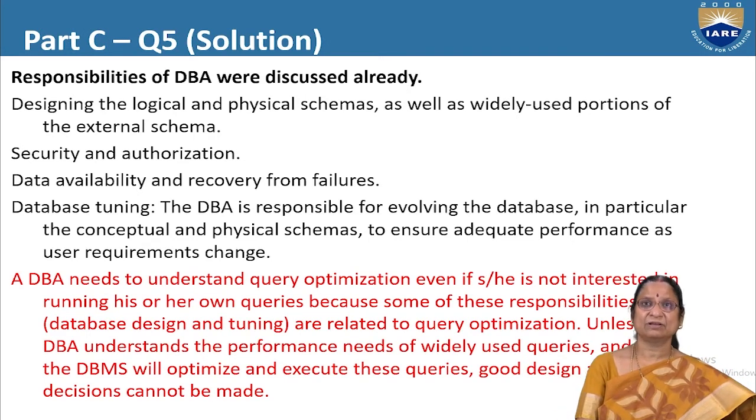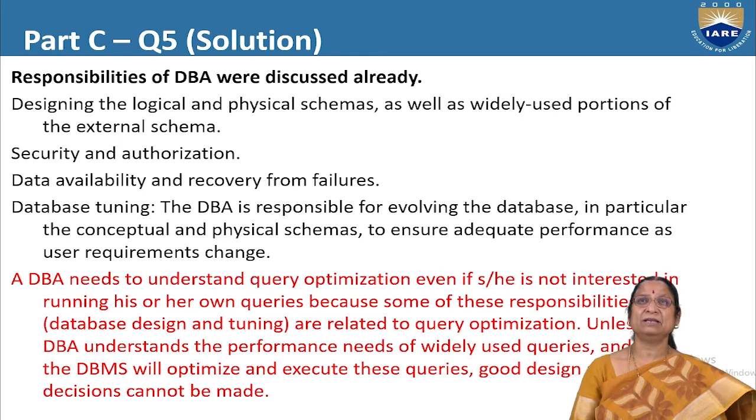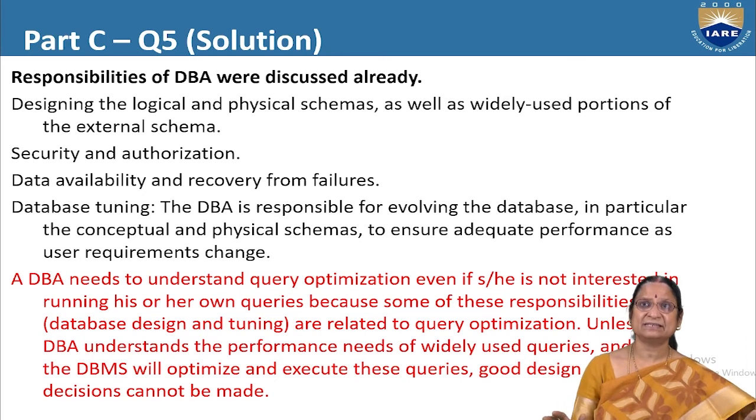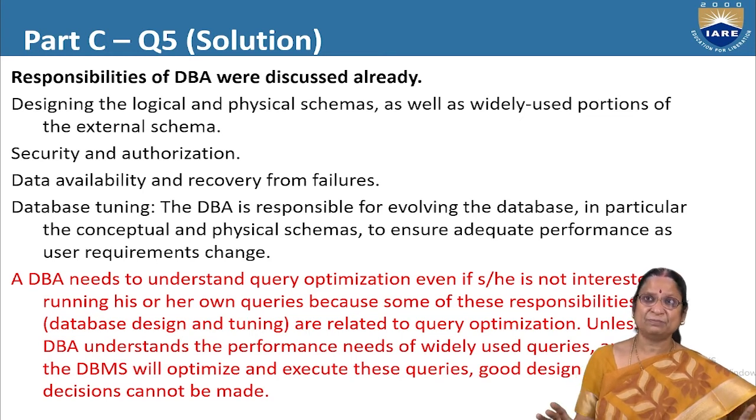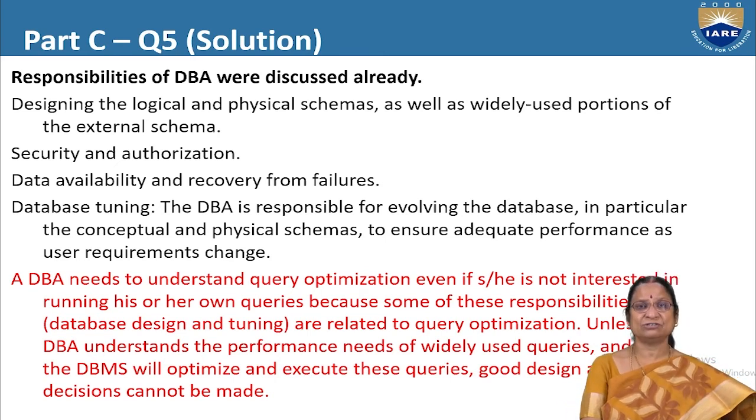Why? First, we'll discuss in brief what the responsibilities of the DBA are. The DBA will design logical and physical schemas, allow modifications of these schemas, and also give permissions to external schemas for various users. Security and authorization are also provided by DBAs, along with data availability and recovery from failures.